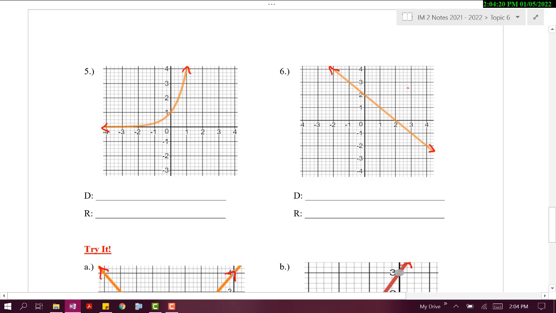Number 5, domain and range. Domain, our x values go all the way to infinity, all the way to the left. Kind of hard to tell exactly where it's stopping. Actually, not so much. It does keep going left as well. Very slightly, if you can tell. So our domain, once again, is all real numbers. Our range, well, it doesn't go all the way down.